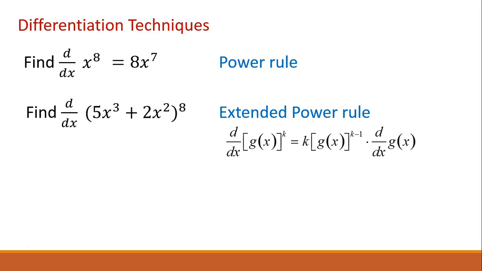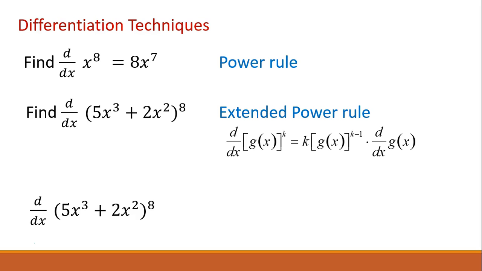If we want to find the derivative of some function to a power, then we're still going to bring that power down in front, that's the k, times that base to 1 less power, but then we have to take that times the derivative of the base. So how does that work with something like this?